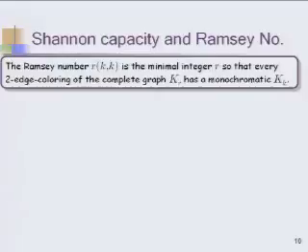This is actually related to Ramsey theory, as first noted by Erdős in 1971. So this is a quick reminder of the Ramsey number R(K,K), which is the minimal integer. There's always the confusion whether you want to take the minimal one where every edge coloring has one, or the largest one such that there exists a coloring. Okay.